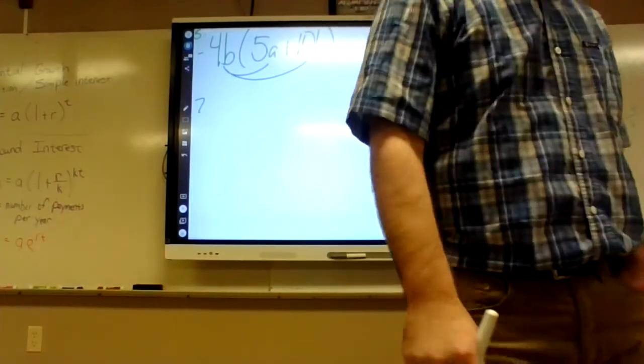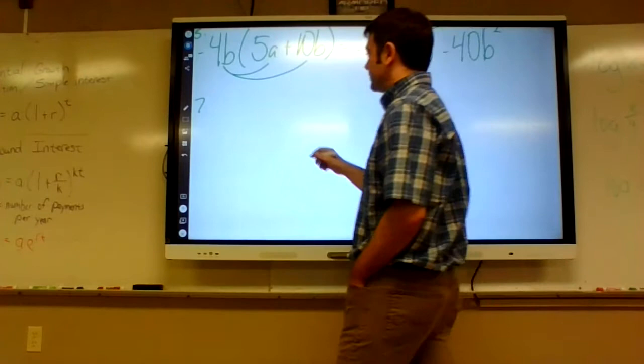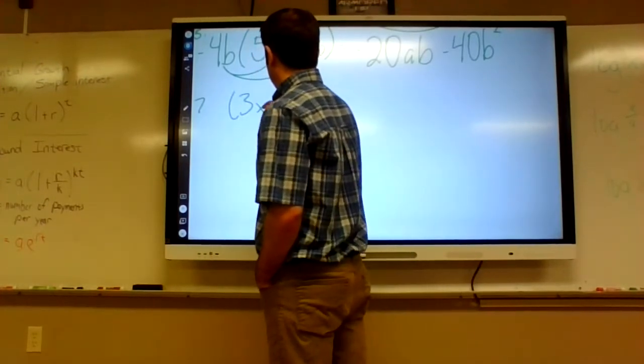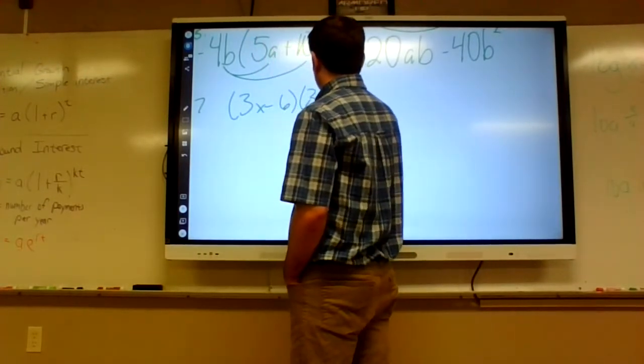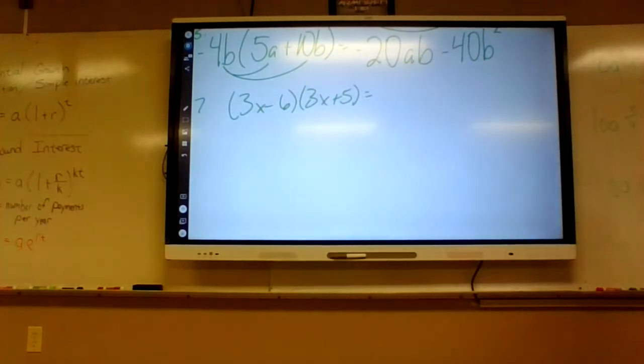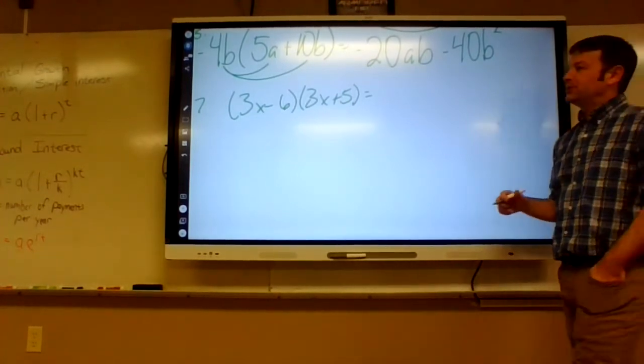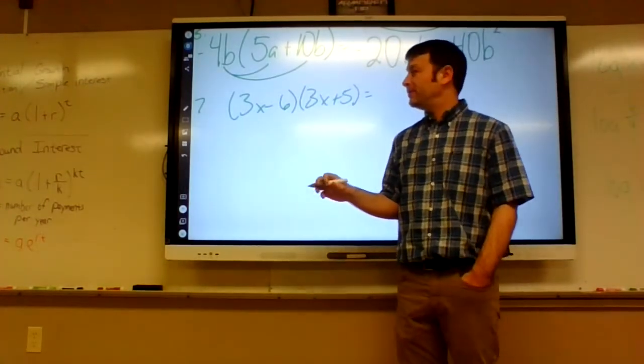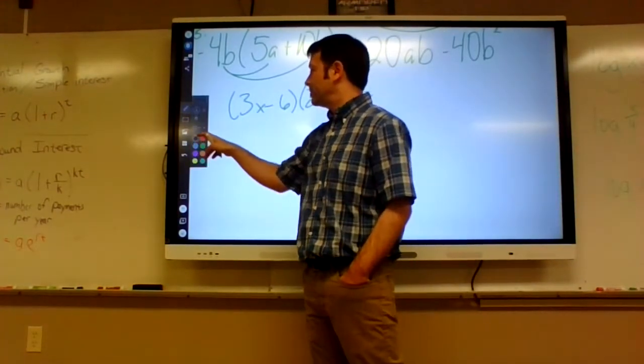Number 7. It's a little bit harder. It's 3x minus 6 times 3x plus 5. Okay, they did not write it like this, but I'm going to write it like this, horizontally. It's usually what it looks like on a page. So this is like the double distributive thing that I was talking about earlier.